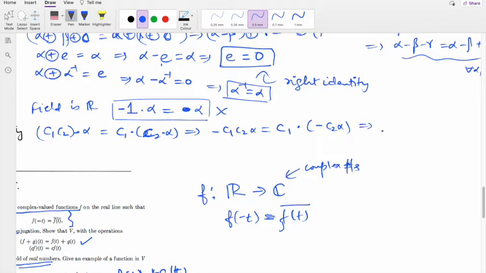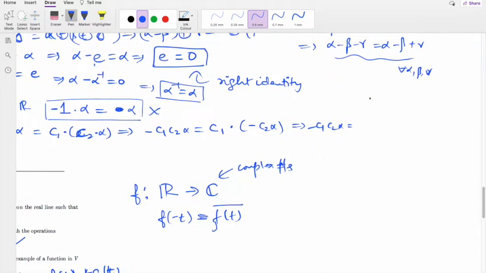Which implies that minus c1 c2 alpha should be equal to, now this is one vector, this is a scalar, again do your scalar multiplication operation. So you will get minus of c1 times minus c2 alpha, which is equal to c1 c2 alpha.